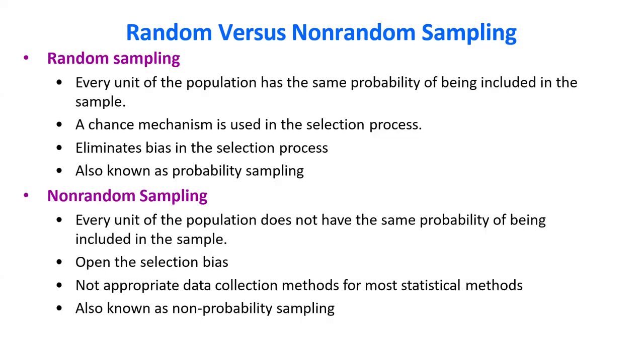So the major important thing is that it eliminates bias. In data science, bias is something you always need to minimize. Bias can come in multiple ways.